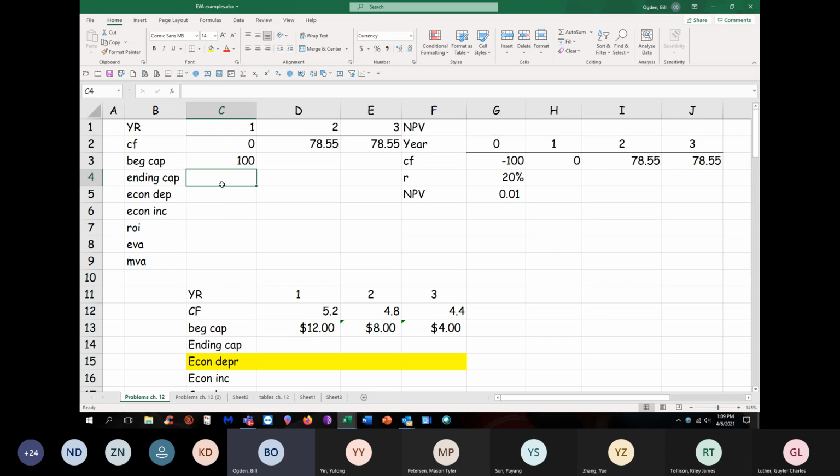So EVA actually uses a theoretically sound method to find this ending capital. It's the present value of these remaining cash flows. So we're going to say equals NPV, and we'll take our 20% R, and take your remaining two cash flows.